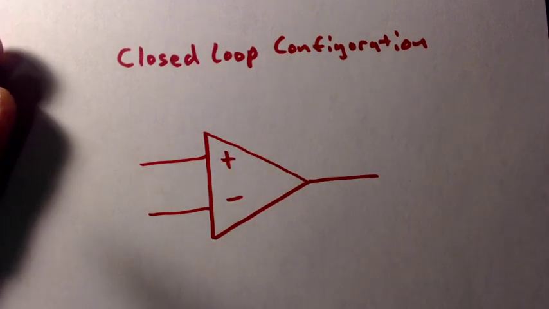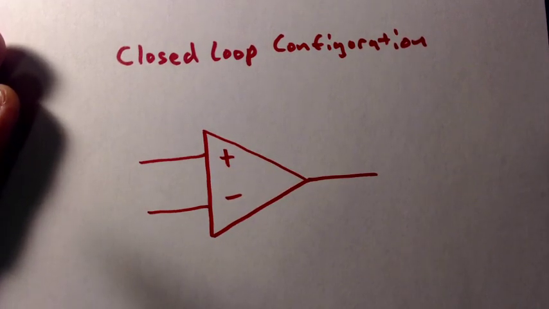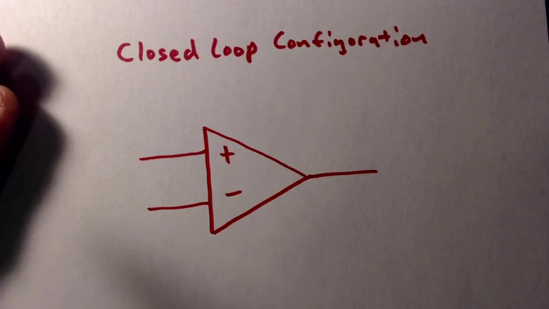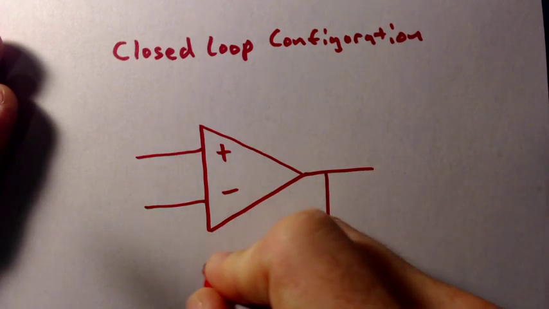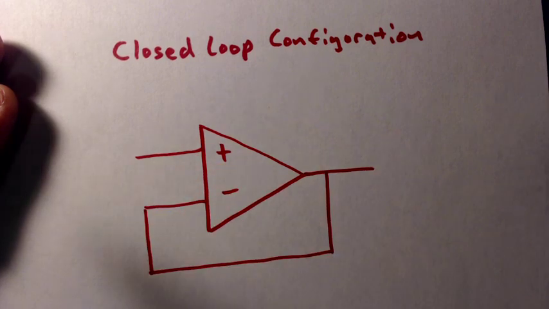Closing the loop just means that we're going to have a connection going from the output back into one of the inputs of our device. I can do that like this.